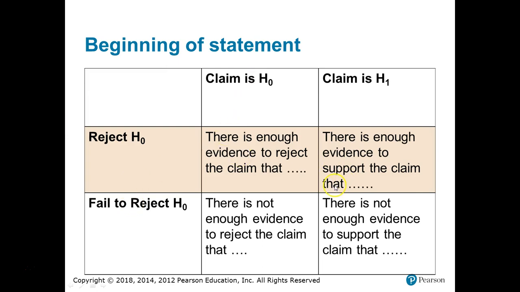So you have 4 possible outcomes. If the claim is H naught and we reject H naught, that's the bad case: there is enough evidence to reject the claim that blah, blah, blah. And then so on. You can read how you should formulate your conclusion based on which of the 4 outcomes you have.